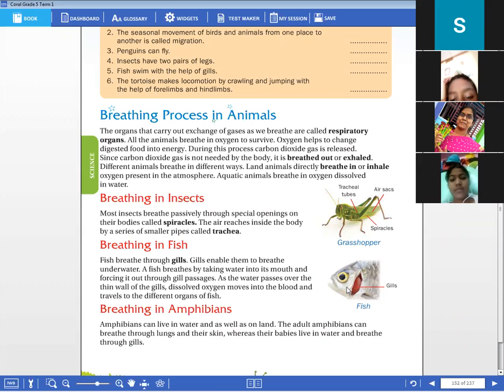Then the gills act as filters and filter only the oxygen present inside the water. The oxygen is sent into the body through blood and the remaining water is sent outside. In this way, a fish breathes, children.